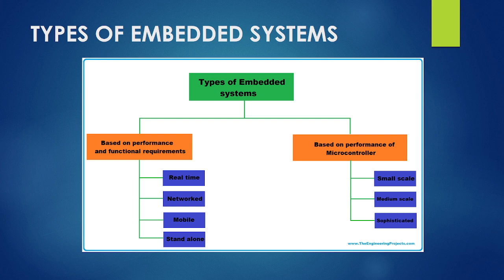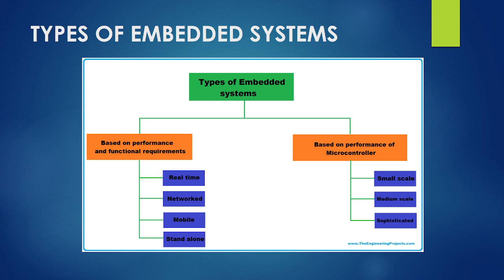Take the example of an accident alert system. This is a real-time example of an embedded system, because if a particular task is not performed within the time limit, it can also compromise a human life.